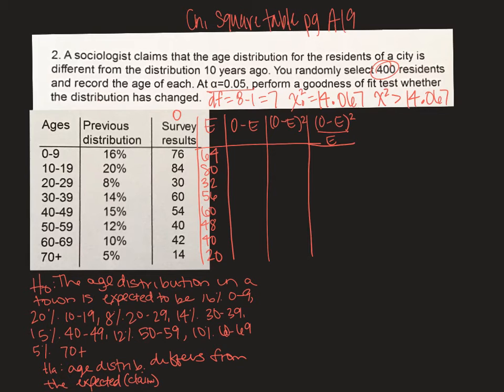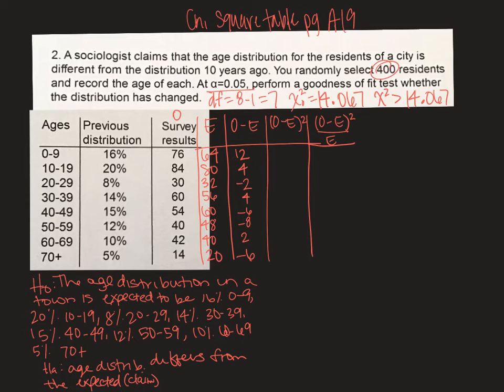So 76 minus 64 is 12, 84 minus 80 is 4, 30 minus 32 is negative 2, and we've got 4, negative 6, negative 8, 2, and negative 6. So now we're going to take our observed minus our expected, and we're going to square each of those numbers.